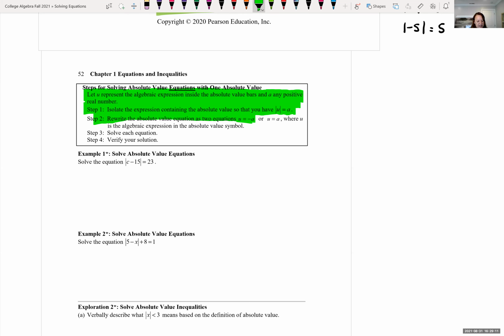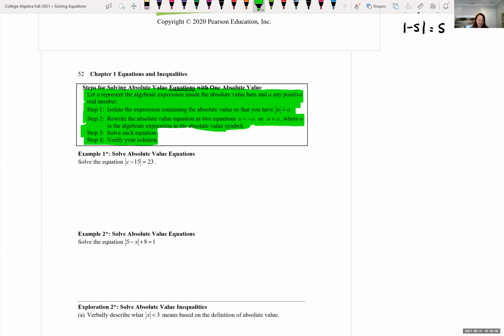We're going to take what's inside the absolute value, set it equal to the negative of the other side, and in addition, we're also going to set U, what's inside the absolute value, equal to the positive of the other side, where U is the algebraic expression in the absolute value symbol. And then we're going to just solve each equation. And then we need to verify our solution. It's possible that our solution doesn't work back in the original.